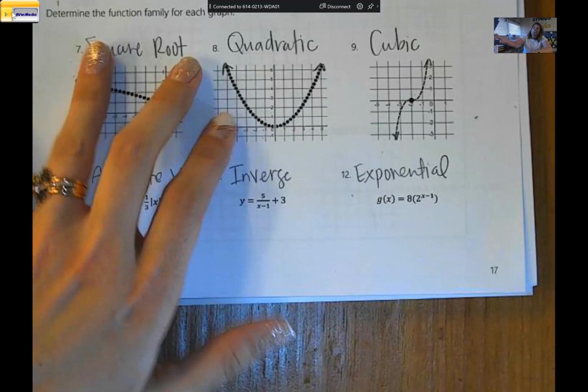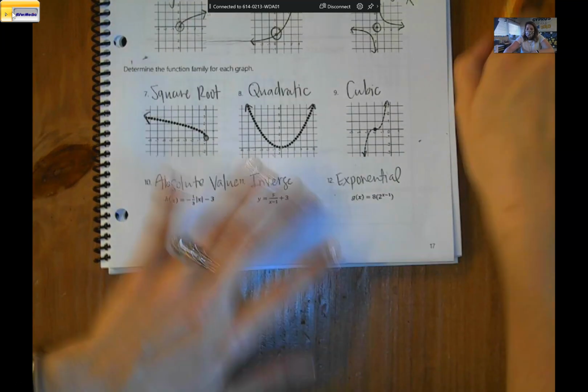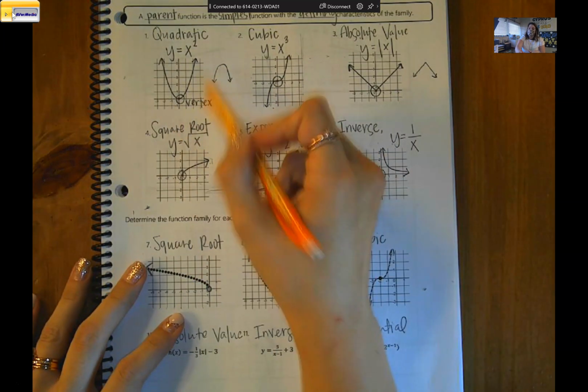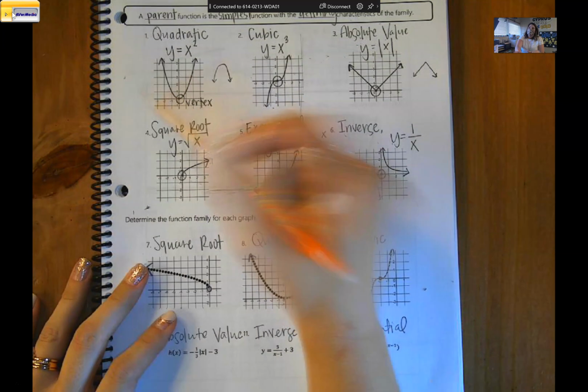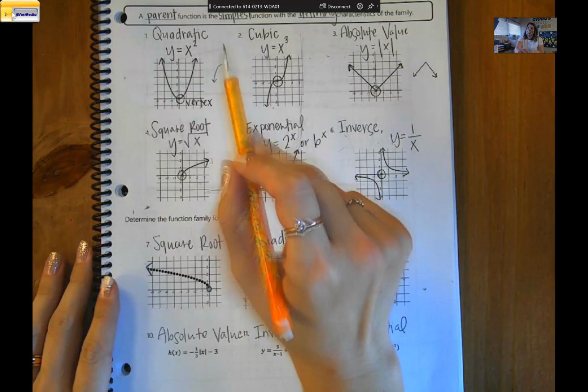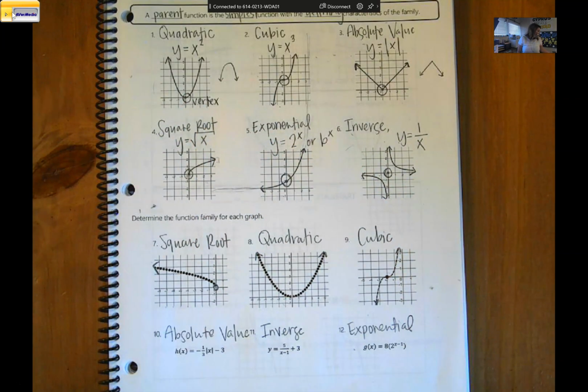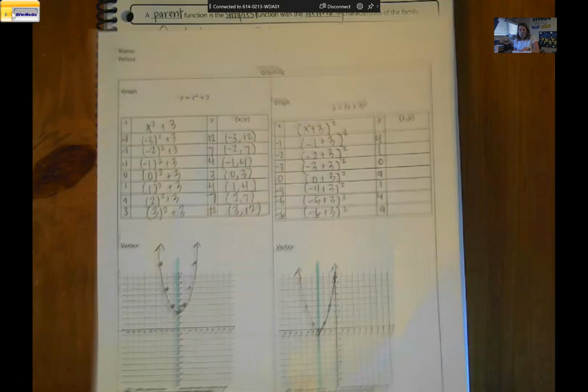Okay, next up is a discussion about how we get other functions in the family. So if this is a parent, where do we get all of the other parabolas that are in the family? Well, we have 2 examples of that right here.